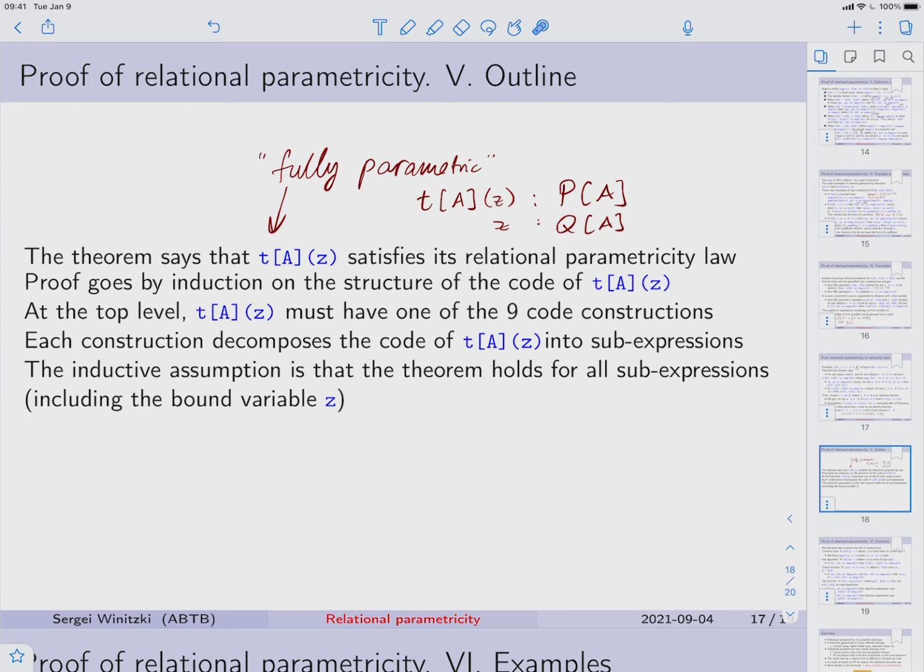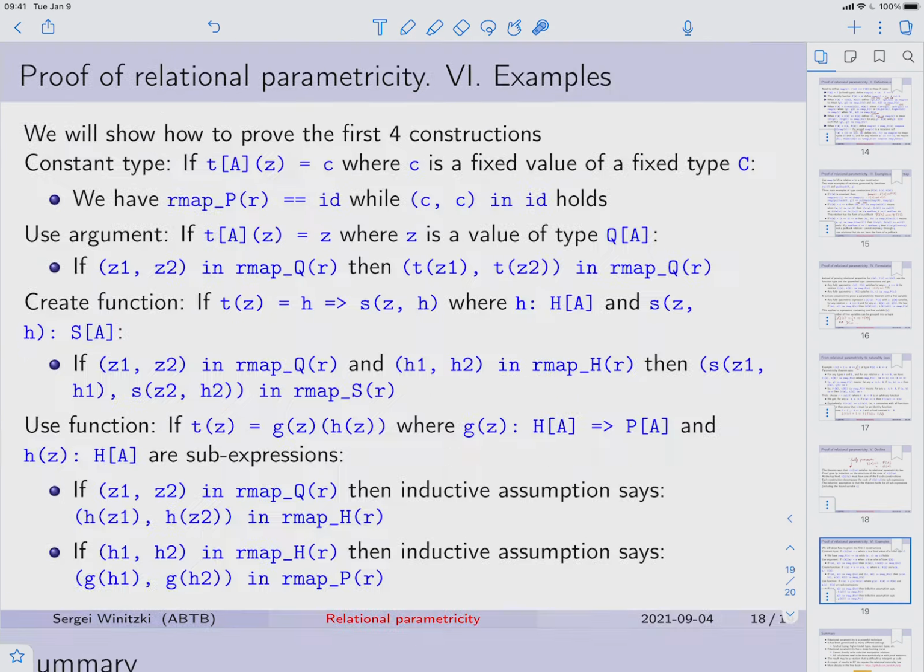But that's fine, because it's still the same class of expressions, and we can use the inductive assumption. So the bound variable Z itself also will have to satisfy the same law, because ultimately it's going to be an expression of the same kind. And so that's how the proof will be organized.